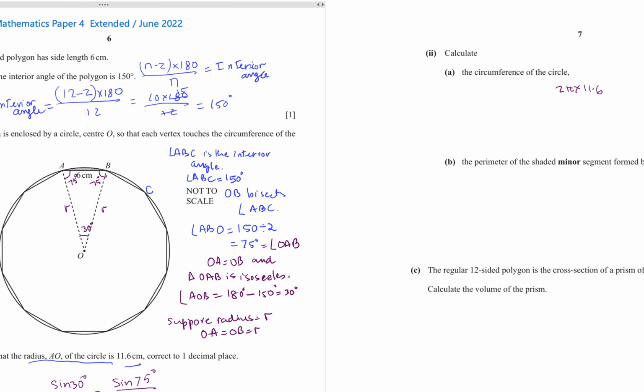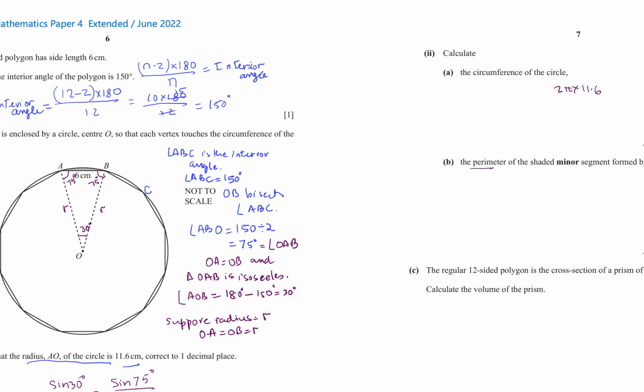So it's the perimeter of the segment, isn't it? So the perimeter means I just need to find arc AB and this line, which is 6 centimeters.